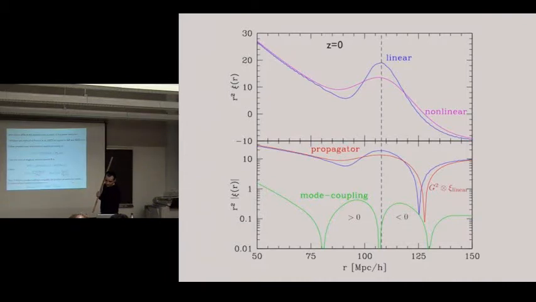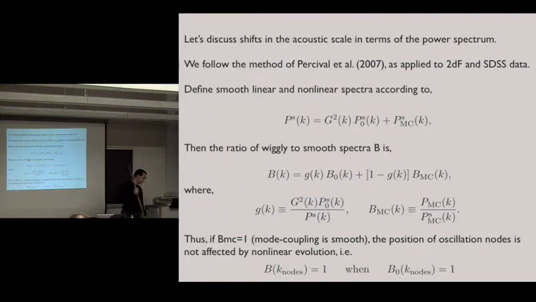From the power spectrum, it's a little bit more tricky. And so let me explain exactly how. From the correlation function, it's simpler to see, but because people now are using the power spectrum and they say the power spectrum somehow is not affected like the correlation function, which I don't think is true, I want to use the same method that people have recently used in 2dF and Sloan to measure this.